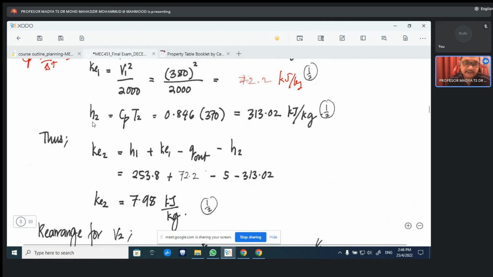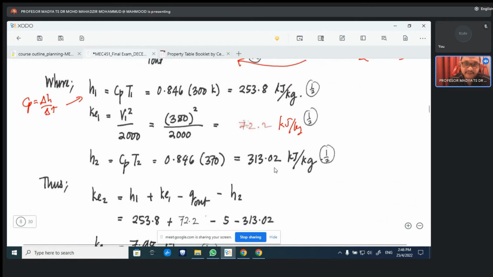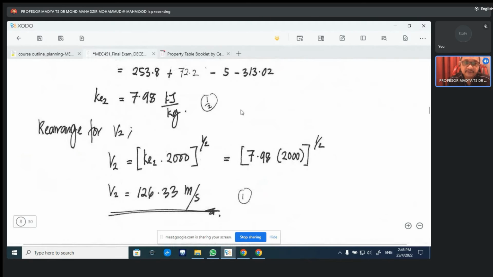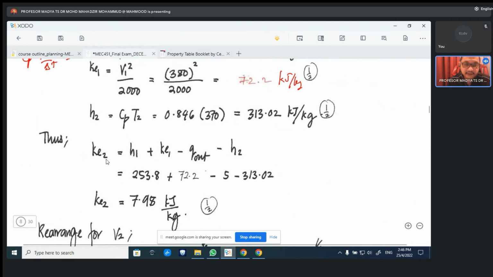Next is H2. Also use the formula of Cp. So H2 is equal to Cp times T. Then we get the values. Then KE2 using the equation from the diffuser that we defined earlier. So from there we can get the kinetic energy at state number 2, at the exit.